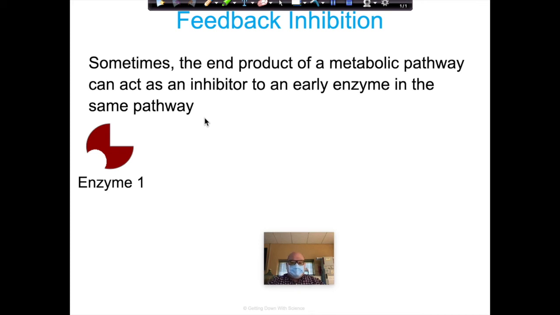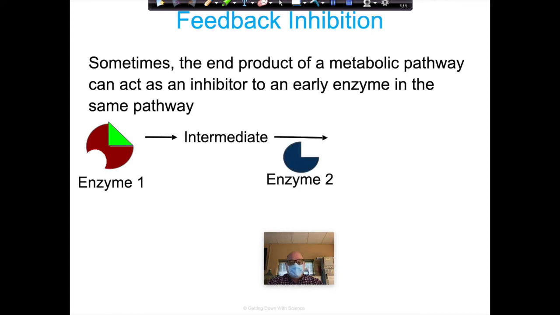All right, so feedback inhibition. This thing is an enzyme right here, this red little Pac-Man looking thing. And when we put an intermediate in here, it may do something to the next enzyme, okay? So starting with one enzyme may inhibit the next enzyme.